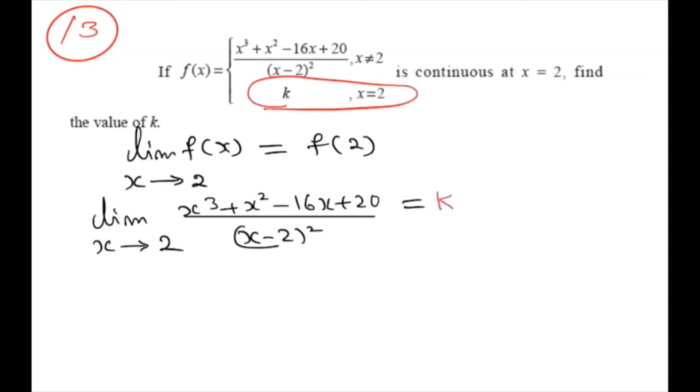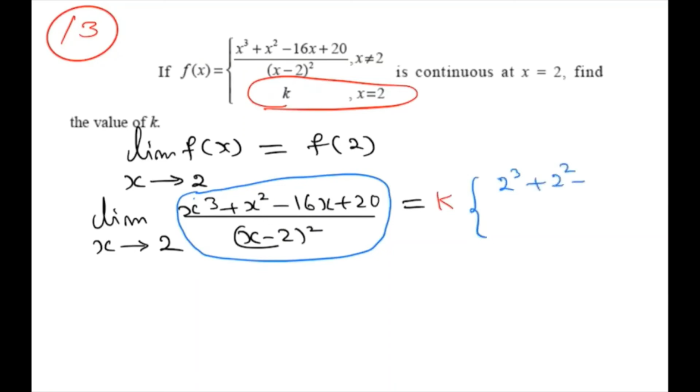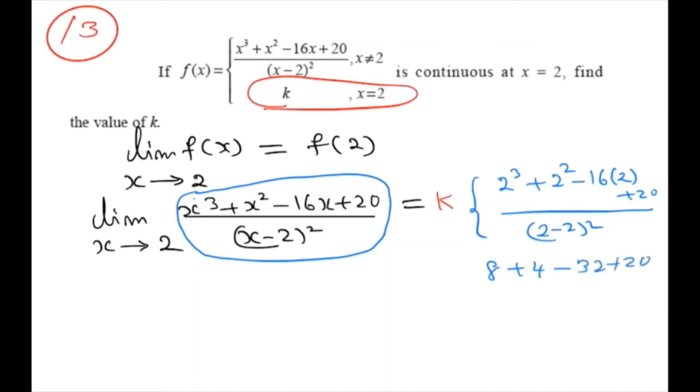That is k here. Now, when you take the value of x in this function, let us see what we get. 2 cube plus 2 square minus 16 into 2 plus 20 upon 2 minus 2 whole square. That will be 8 plus 4 minus 32 plus 20 upon 0. Numerator also gets 0. 0 upon 0 form.